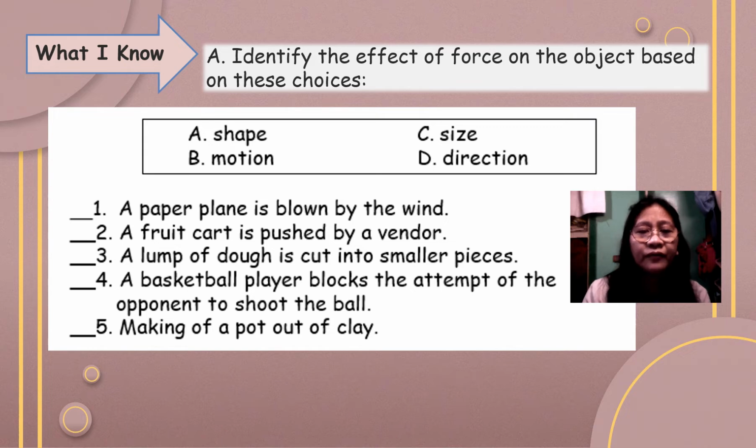A lump of dough is cut into smaller pieces. Item number 4. A basketball player blocks the attempt of the opponent to shoot the ball. And for item number 5, making of a pot out of clay.